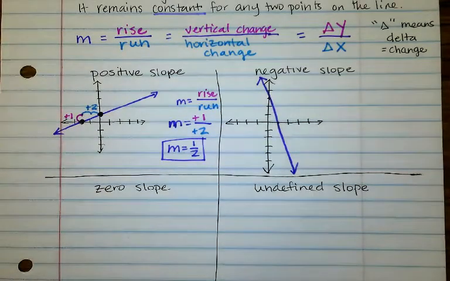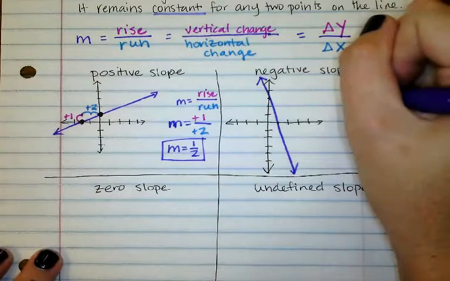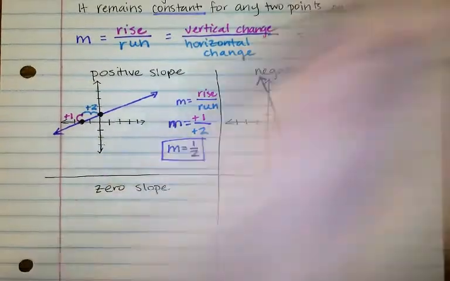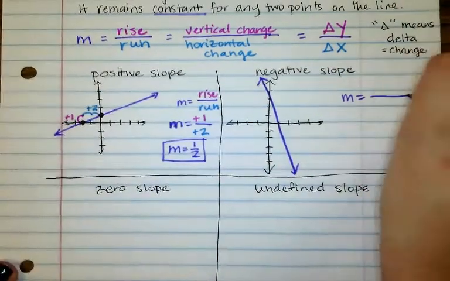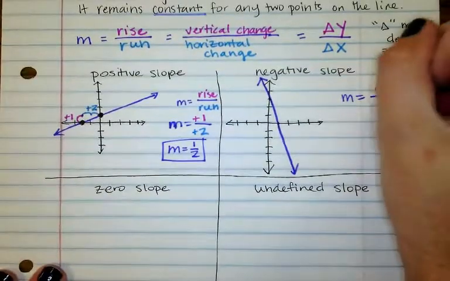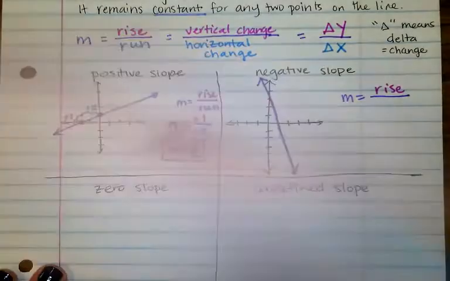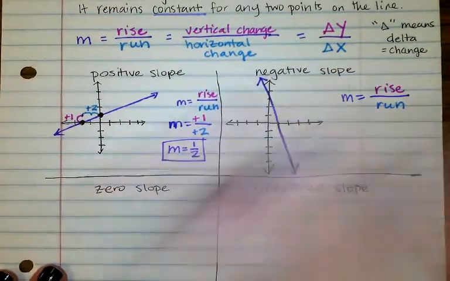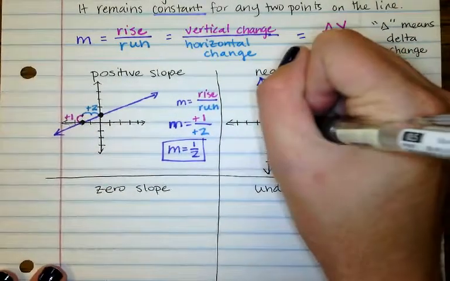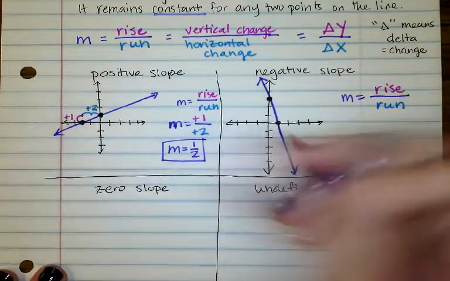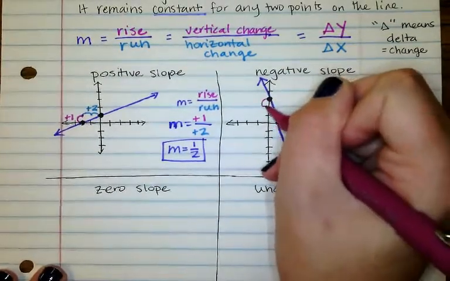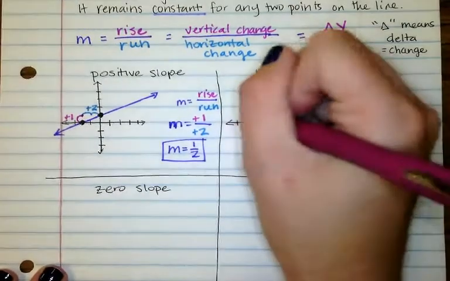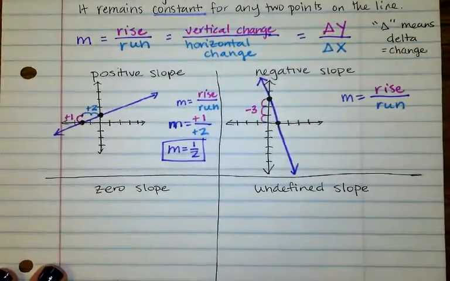All right? And the slope for this, remember, we do what? Rise over run. And the slope in this case, we have a point here and a point here. We would go down 1, 2, 3. So my rise is actually -3.